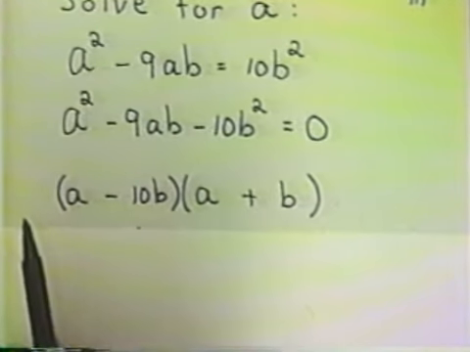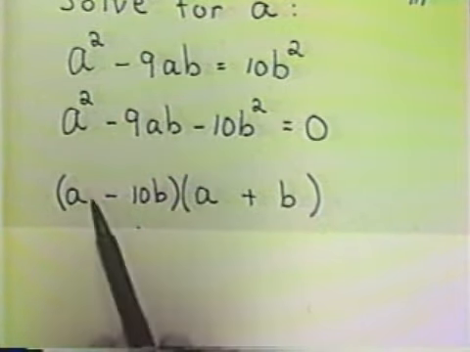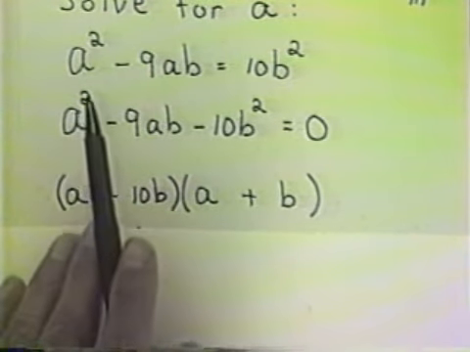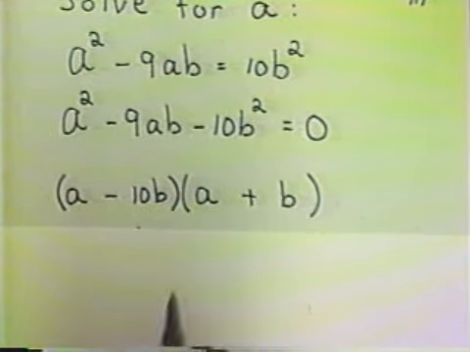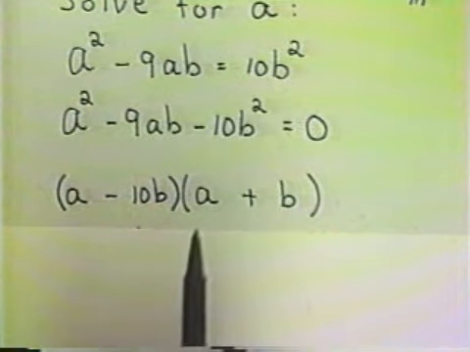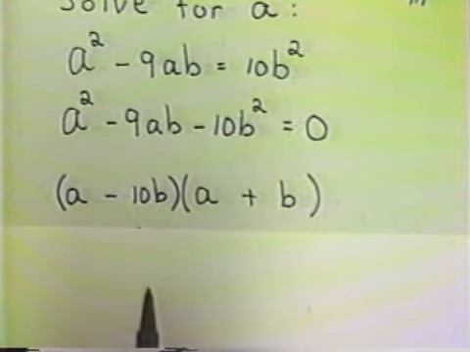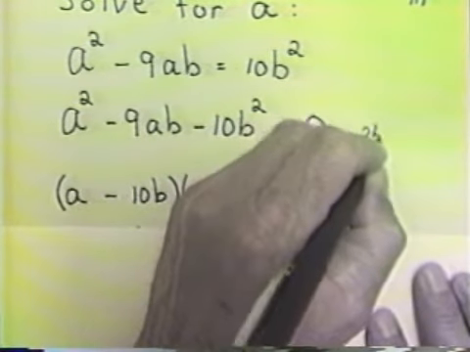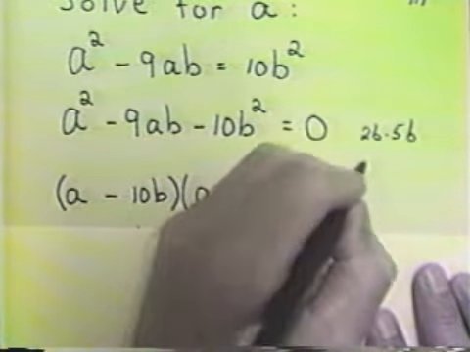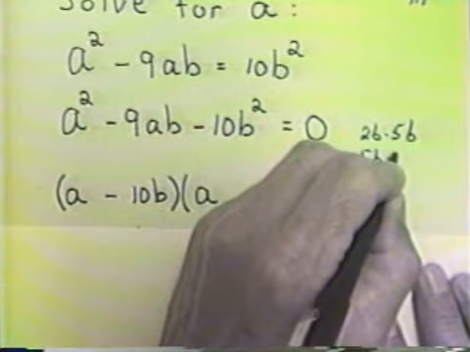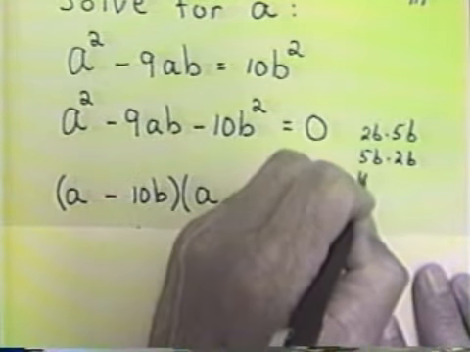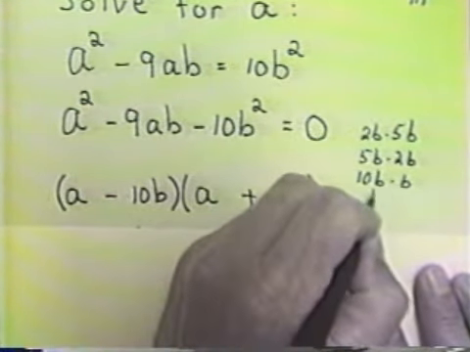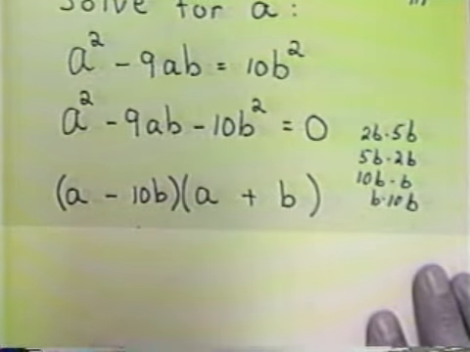Now let's think about the factoring. This tells me the signs will be different. The only way to get a squared is a times a. I have 4 ways of getting 10b squared. I can use 2b times 5b, 5b times 2b, 10b times b, b times 10b.